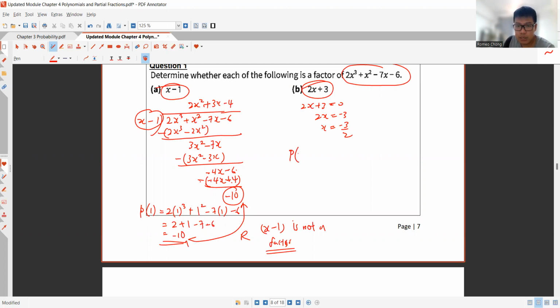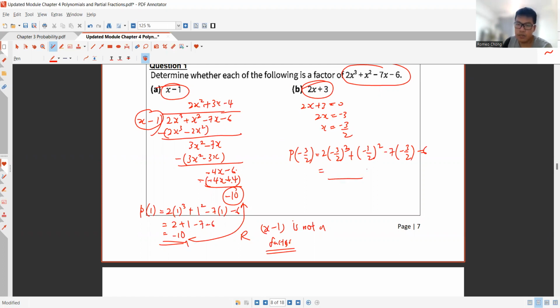So let's substitute p of negative 3 over 2 into your polynomial. So you get 2 times negative 3 over 2 cubed, plus negative 3 over 2 squared, minus 7 times negative 3 over 2, minus 6.